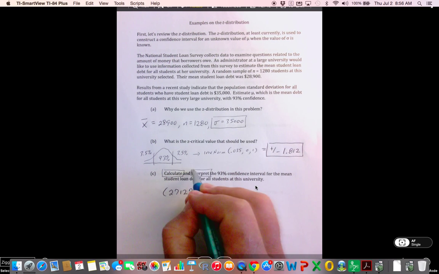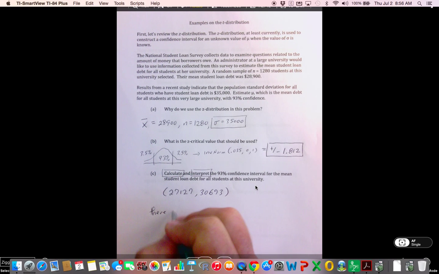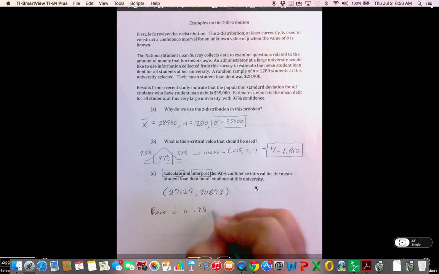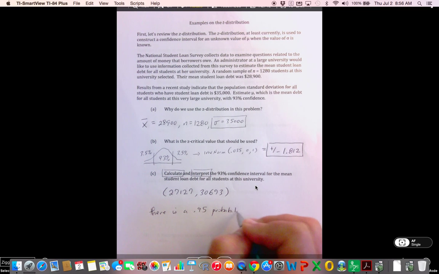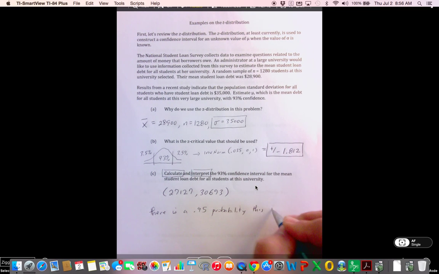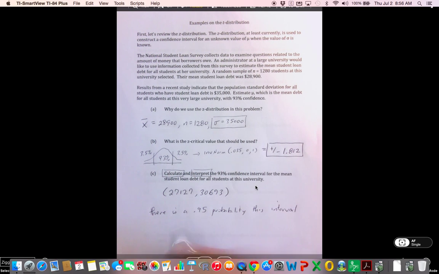Now I need to interpret it, so we would say there is a 0.95 probability this interval contains mu, which is the mean student loan debt for all students at this large university.